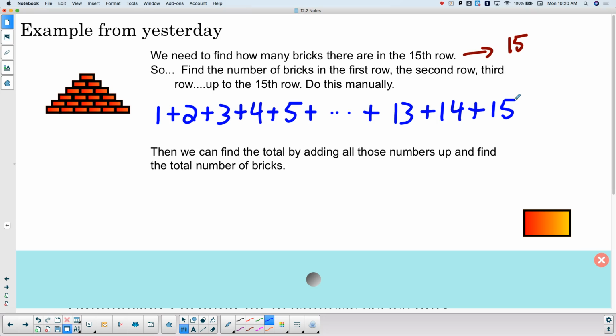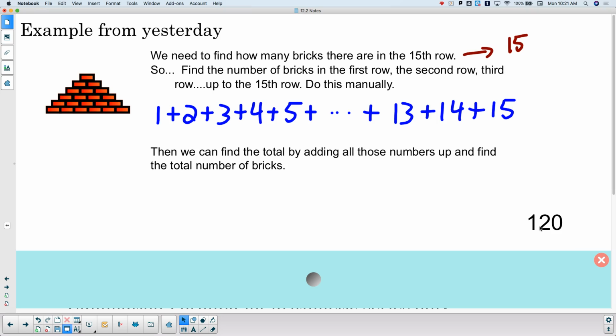But that might not be the very most realistic way to get to 120 bricks in our sequence. Or in our series, I should say. Okay? Because a little bit later on, we're going to have an example that has 281 terms in it. Okay? So it's not going to be the easiest way to do that all by hand.